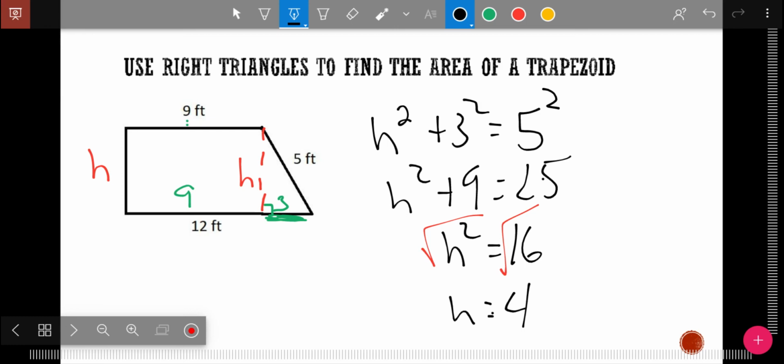Right. So that's one thing I needed to have the bases, right? The top base up here, the bottom base down here, and now the height. I need all 3 numbers to plug into my formula.